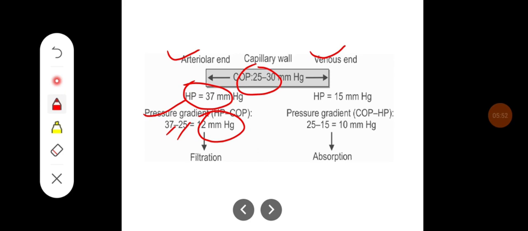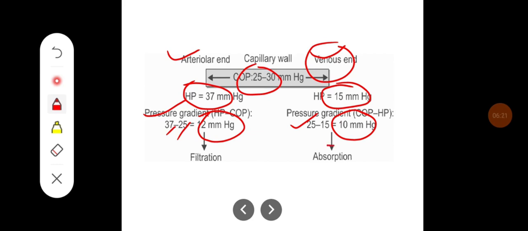Whereas at the venous end, the hydrostatic pressure gradually reduces and comes down to 15 mm of Hg, whereas the osmotic pressure remains at 25 mm Hg. So the pressure gradient created here is around 10 mm of Hg, which helps in drawing the fluid from the interstitium back into the capillary.